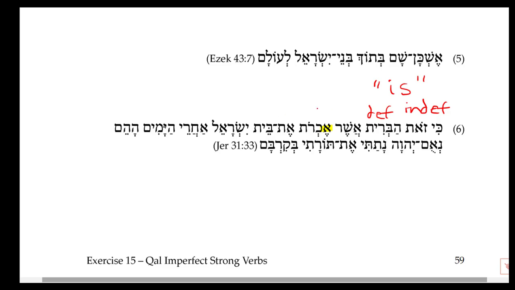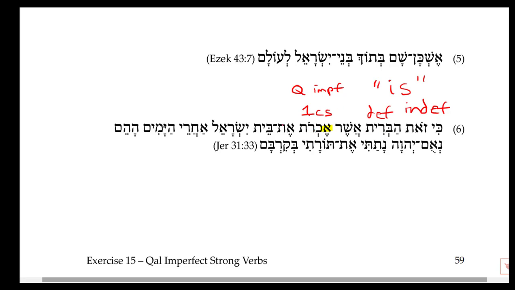It's a Qal imperfect, first common singular. It would be karat, which would be to cut. In the Old Testament, when God initiates a covenant, he is said to cut a covenant. And so we have, this is the covenant which I will cut.